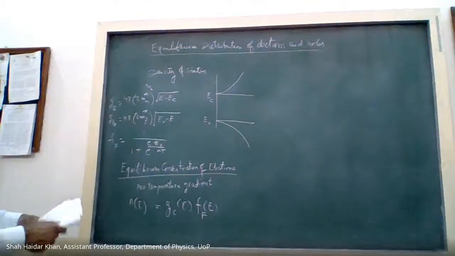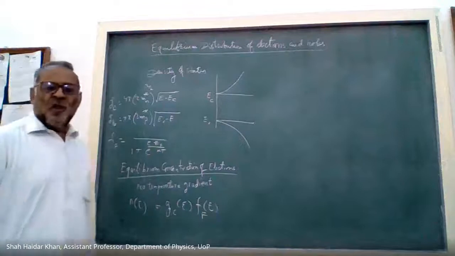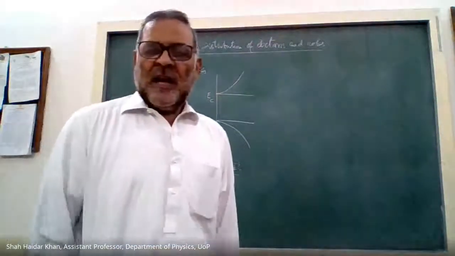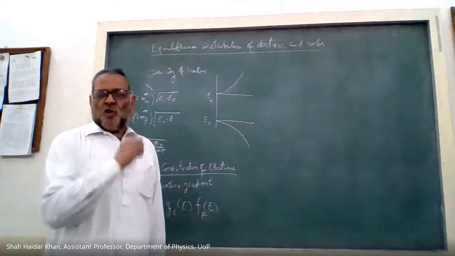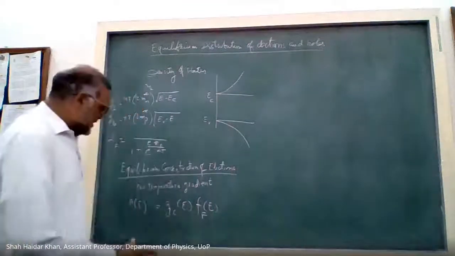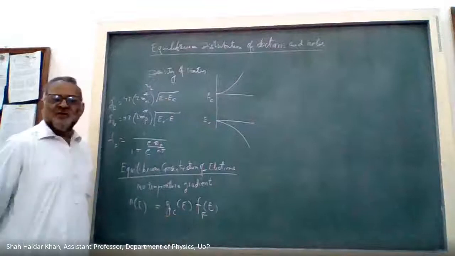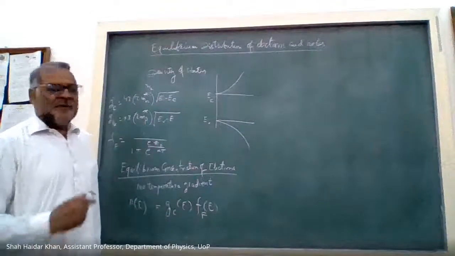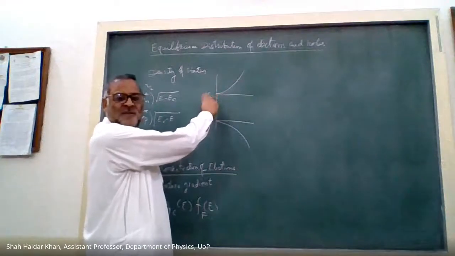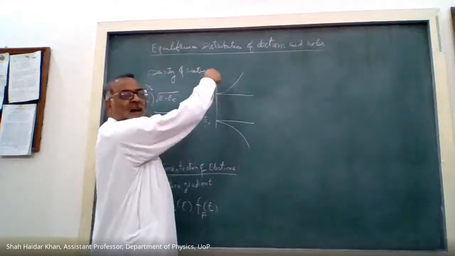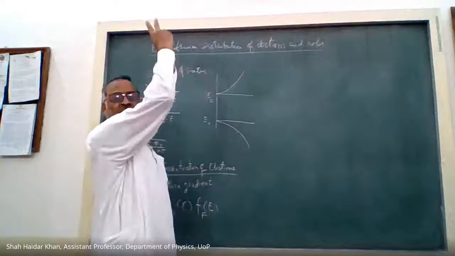Now, if I want to know how much is the number of electrons in the whole band, I have to integrate this equation over the energy. From here, EC, you know, there is the conduction band here, and it goes to higher energies.